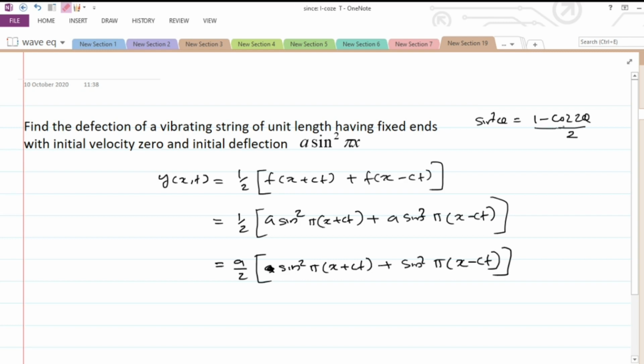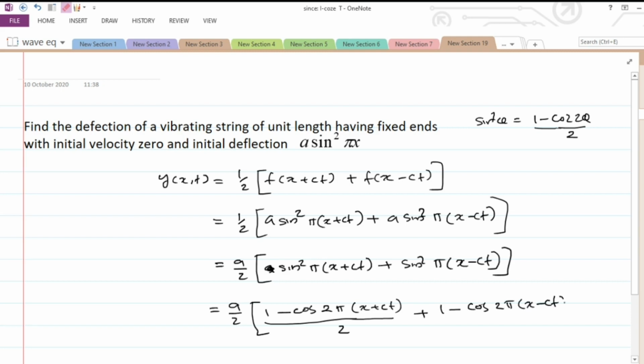We substitute this instead of sine square pi x plus ct. So what we get is a by 2 into 1 minus cos 2 pi x plus ct, divided by 2, plus 1 minus cos 2 pi x minus ct, divided by 2.